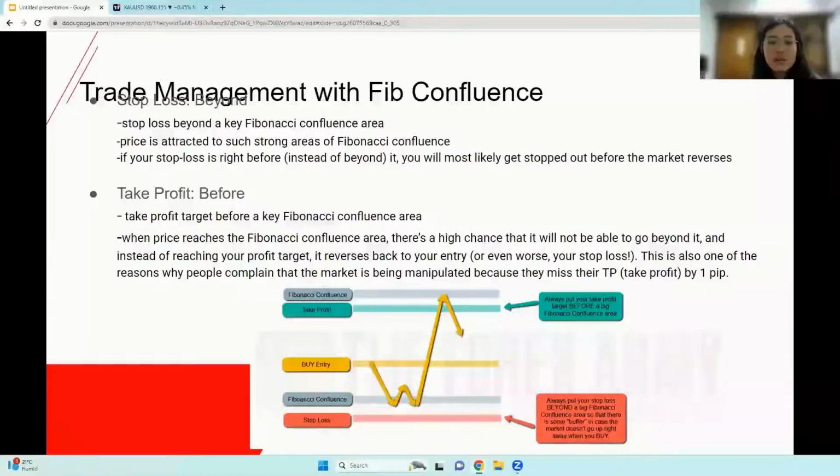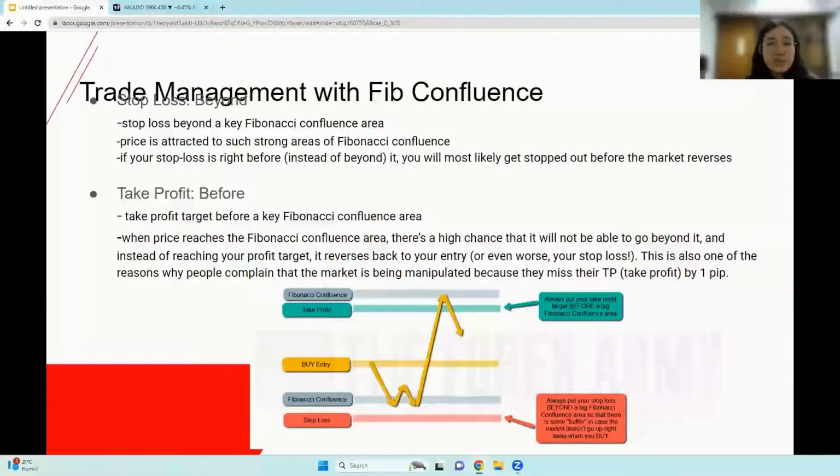So that's why people might wonder why they got stopped out right before the market starts to reverse and then complain about stop hunting. If we're talking about take profit, we always recommend you to place it before a key confluence area.